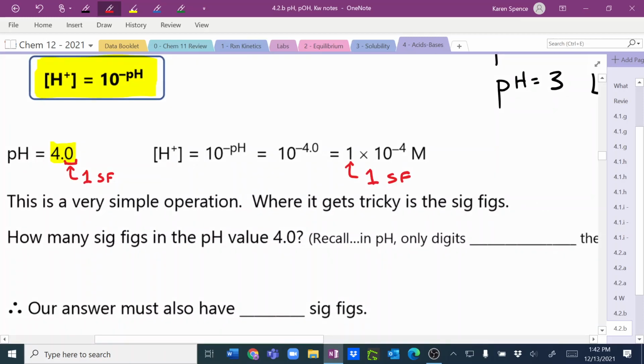Recall, in pH, only digits after the decimal are significant. Therefore, our answer must have 1 sig fig.